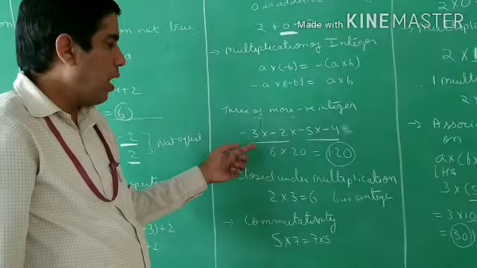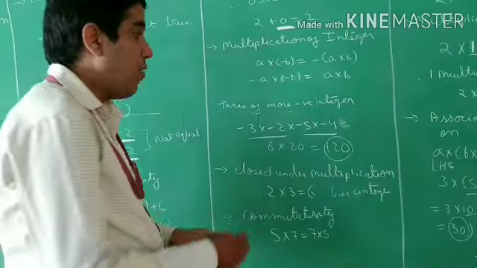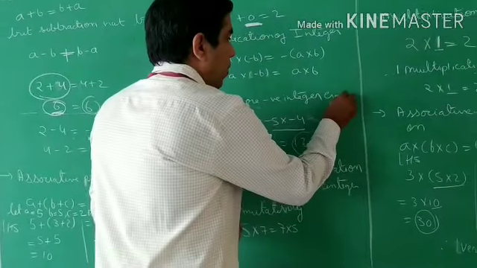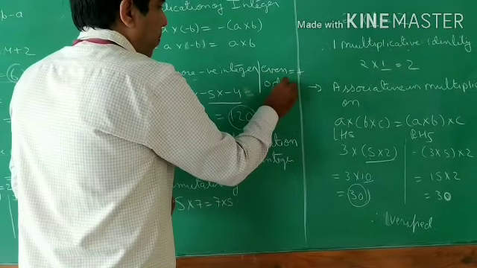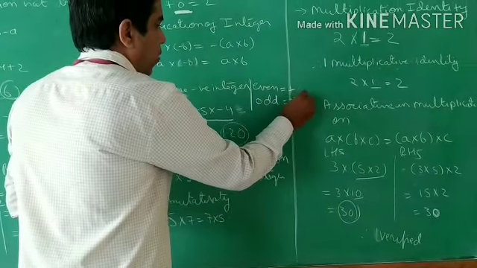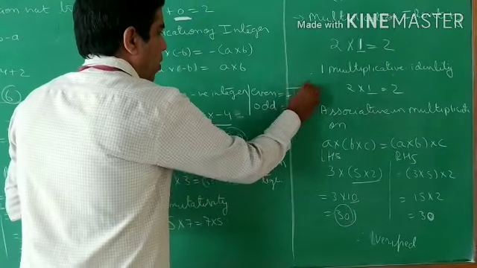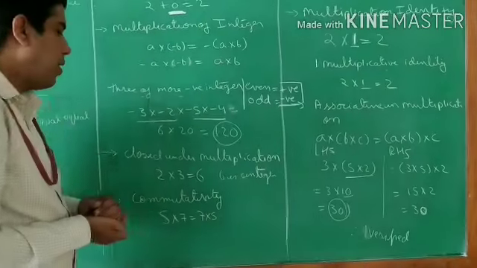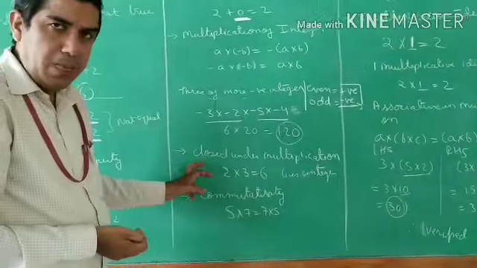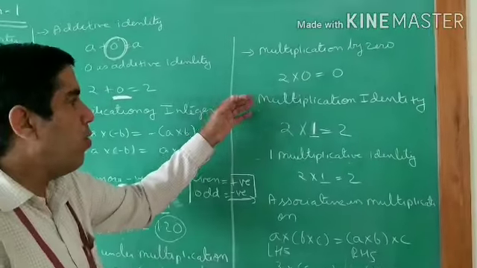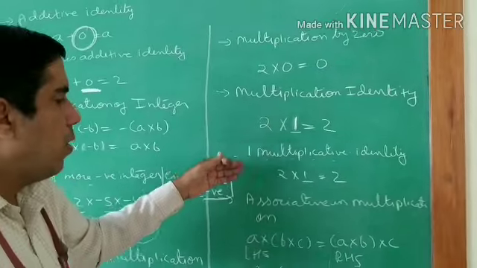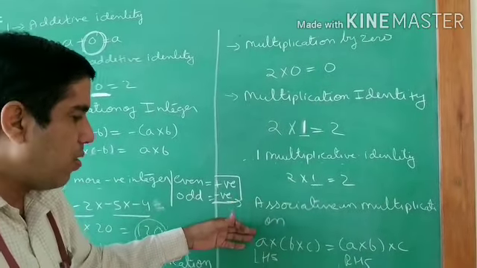If the number of negative signs is even, the result is positive, or if it is odd, it is negative. Then closure under multiplication, the commutative property, multiplication by 0, multiplication identity, and the associative property of multiplication.